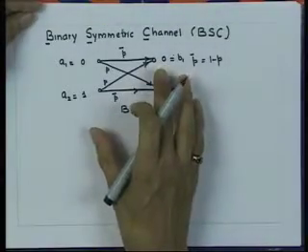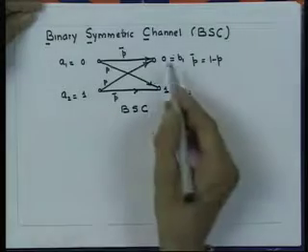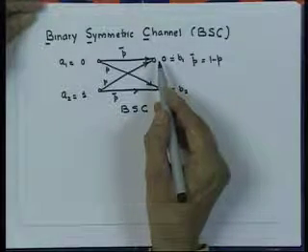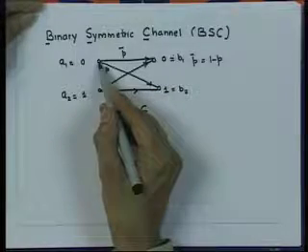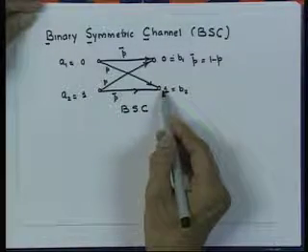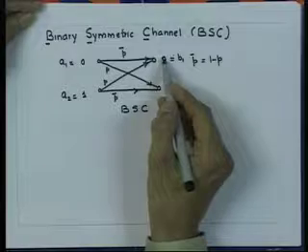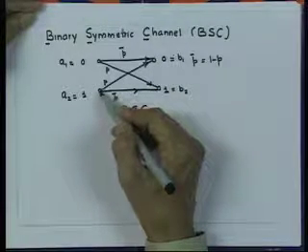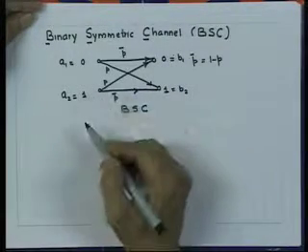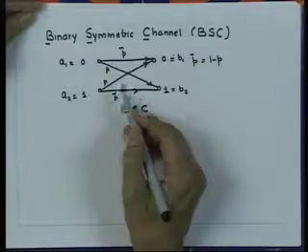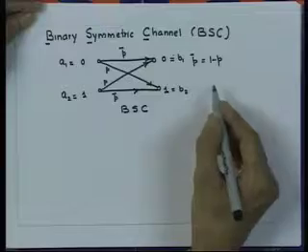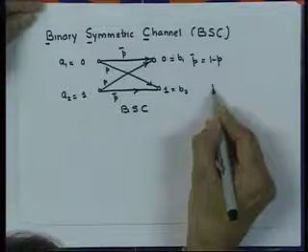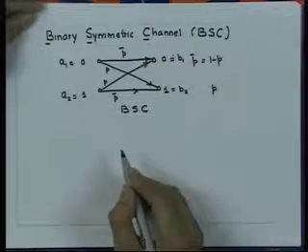Now, this channel is symmetric because the probability of receiving a 1 if a 0 is sent is equal to the probability of receiving a 0 if a 1 is sent, and this probability, actually the probability that an error will occur, is P.